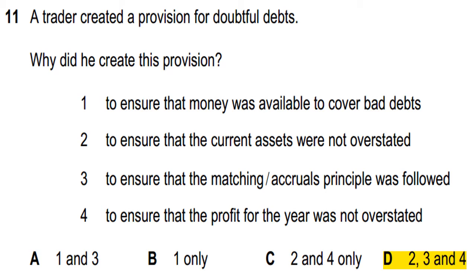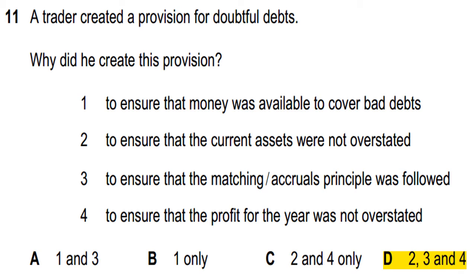And the first option, number 1, to ensure that the money was available to cover the bad debt, is not correct. And number 2, to ensure that the current assets were not overstated, because the doubtful debt is from the account receivables. Doubtful debt increases the provision for doubtful debts, decreases the account receivables, that is in the head of current assets.